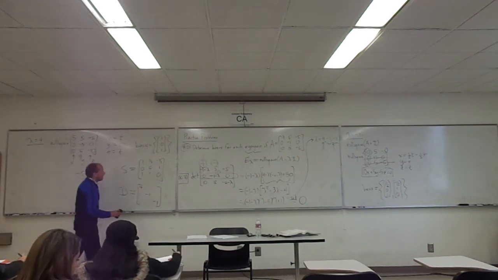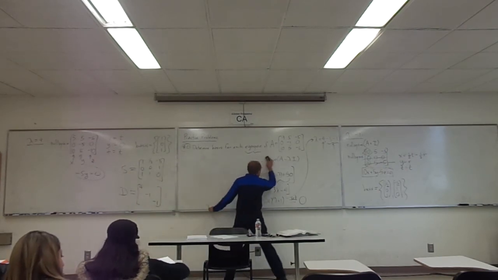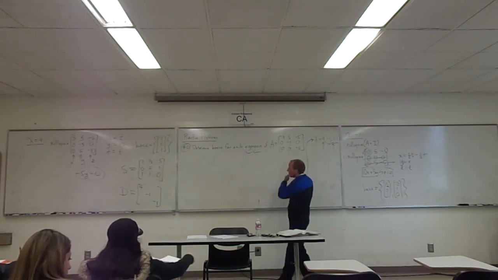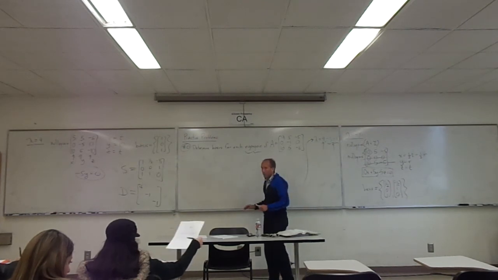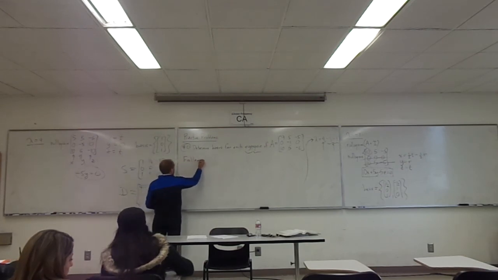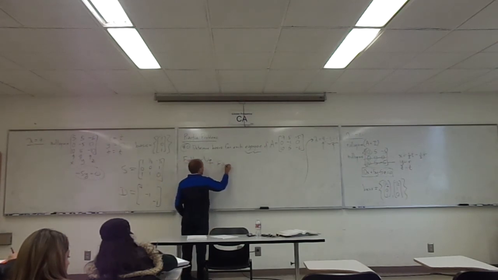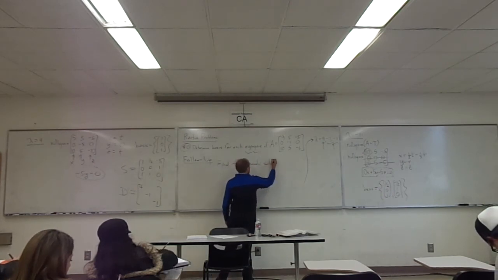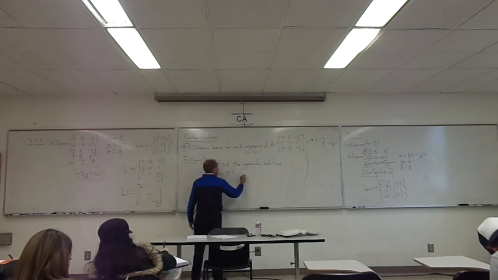Okay. Let me just follow up with one more follow-up to all of this on the same problem. Let's suppose we had a system of differential equations that had that coefficient matrix, right? So see, I can ask you a whole bunch of questions just based around this one matrix. The follow-up question right now would be: find the general solution to x prime equals Ax.